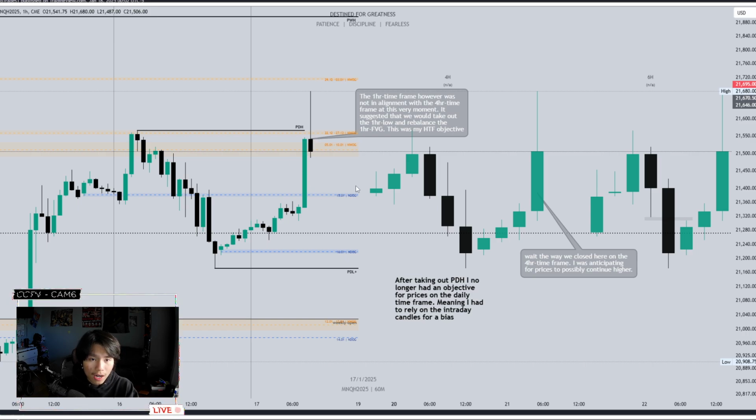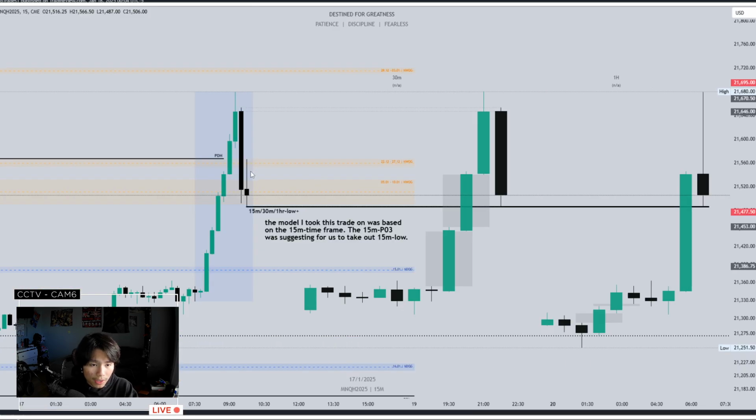So my higher time frame order flow for this specific trade is based on the hourly candle, or hourly order flow. So for me to be a part of this trade, I took my model here based on the 15-minute candle. So the 15-minute low ends up being the same low as the hourly low.